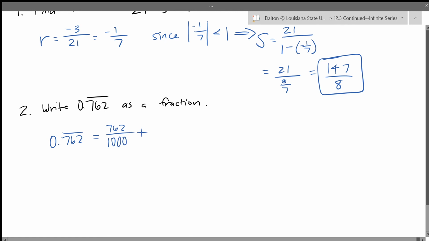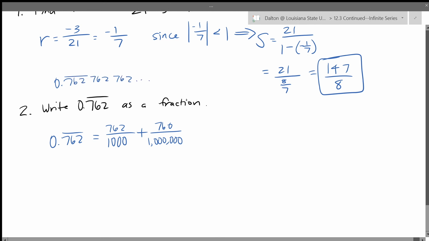plus 762 over the next 3 places. So after thousandths, if I do 3 more places, then that would be over millionths, right? Because technically this is 0.762, 762, 762.